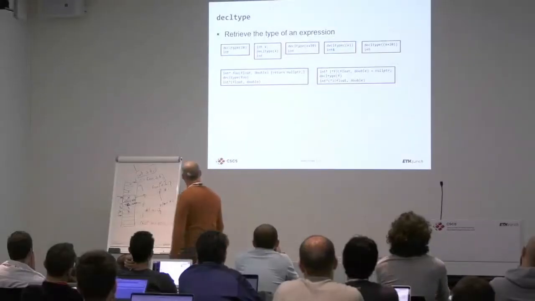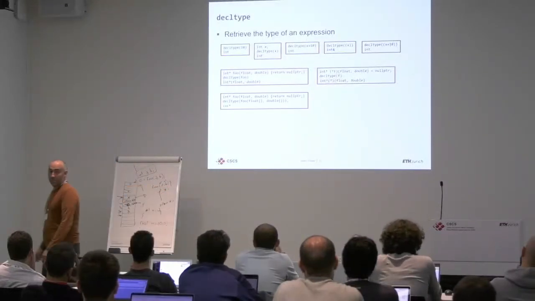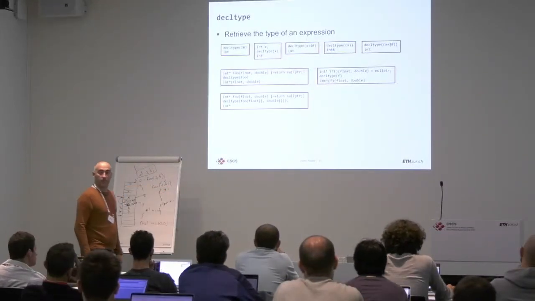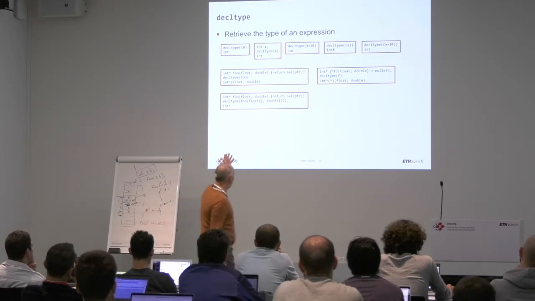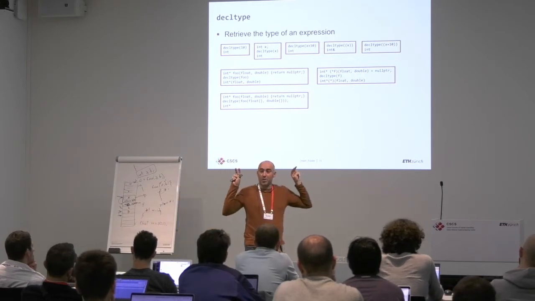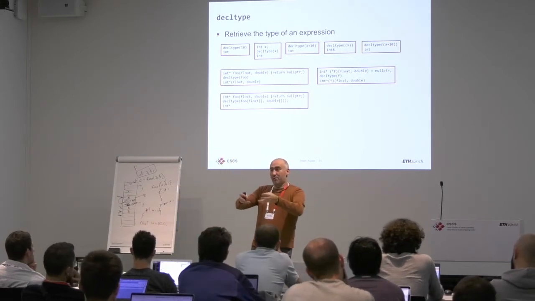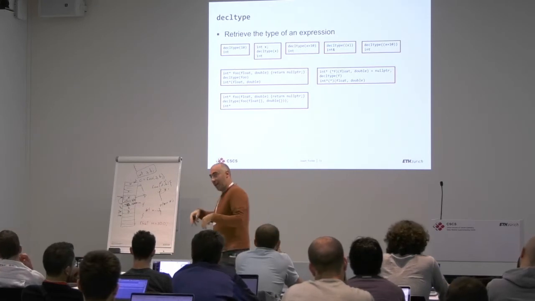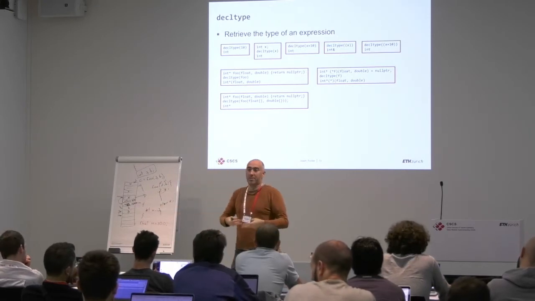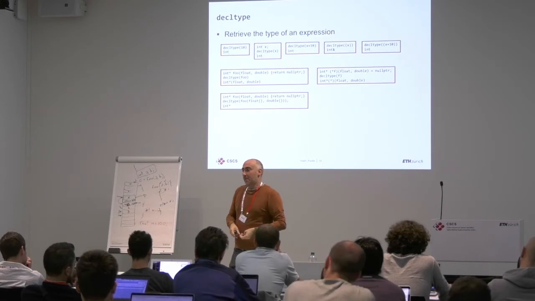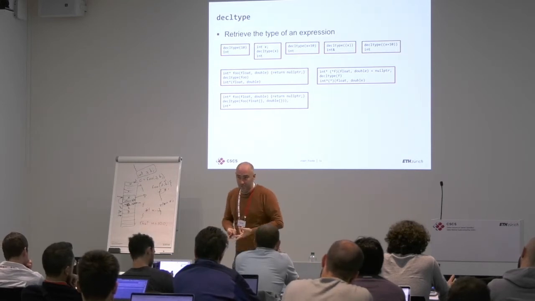Yeah, it returns the return type of the function, which is pointer to int. Here we are calling the function foo with some values, float and double, and we are going to look at what is the return type of that function. Actually, we are not calling the function.